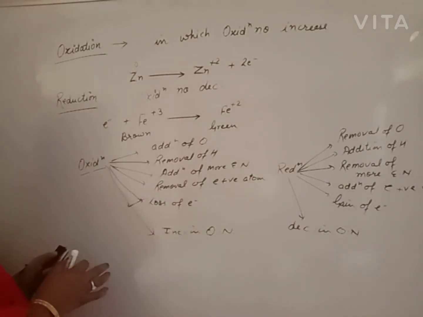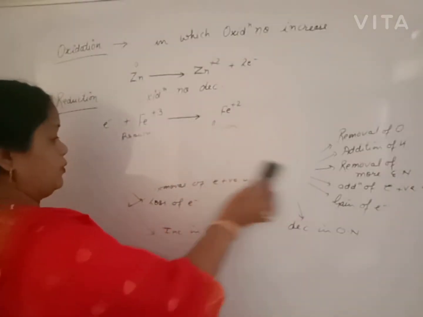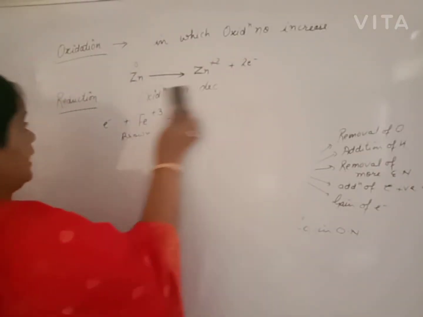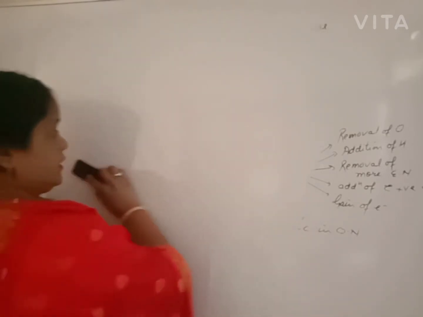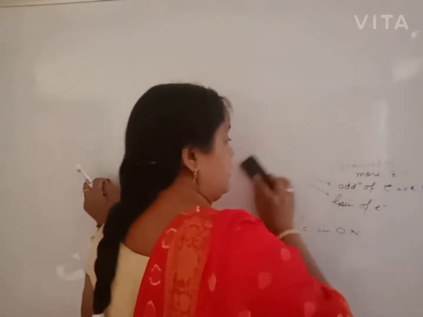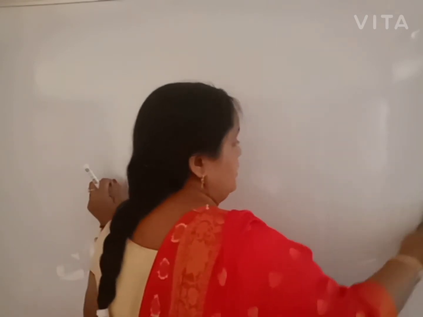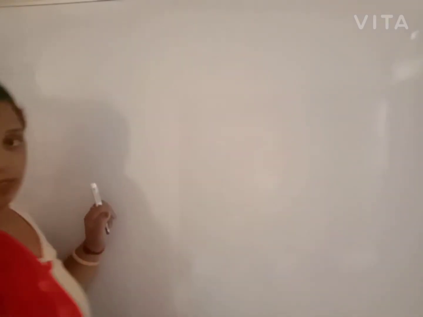Now, today we will discuss the types of redox reactions. How many types of redox reactions are there? Beta, redox reactions are categorized into two categories.